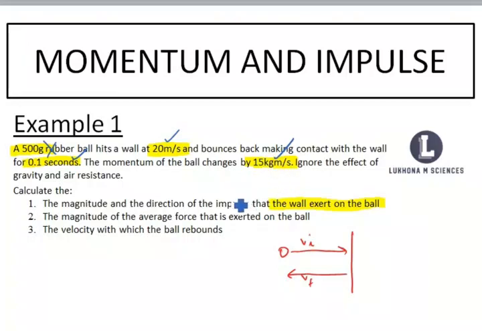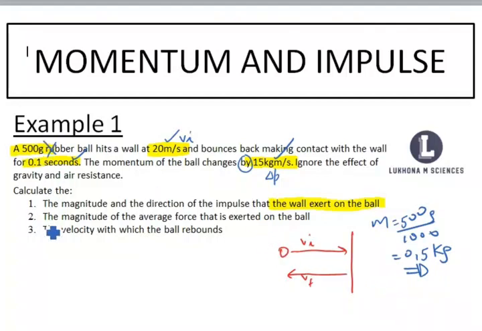They said the momentum of the ball changes by, which means this one is the change in momentum. This one is the initial momentum. So what we need to do is to change the mass. So mass will be equal to 500 grams divided by 1000. Then we get 0.5 kgs. This is the correct mass that we are going to use when we substitute.